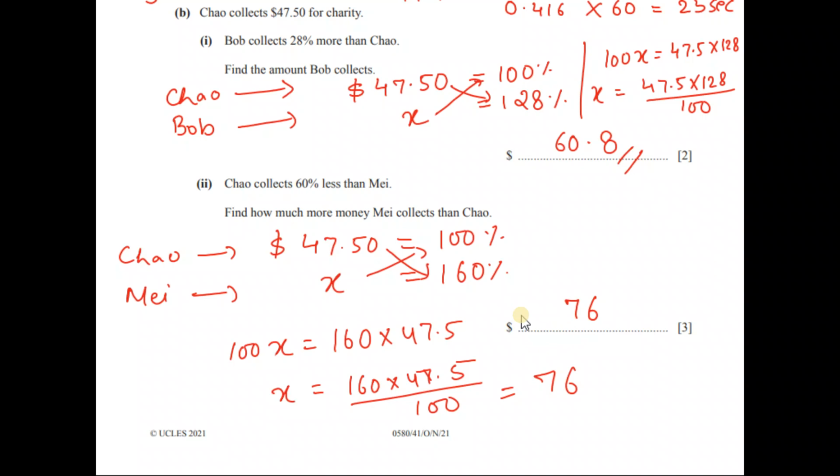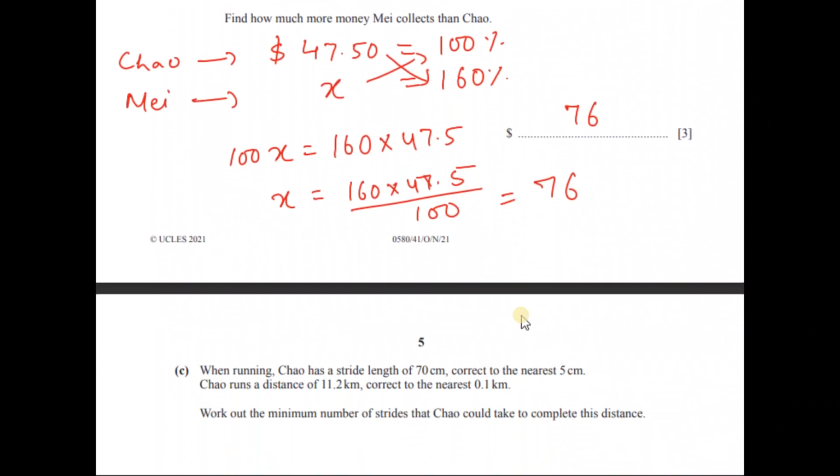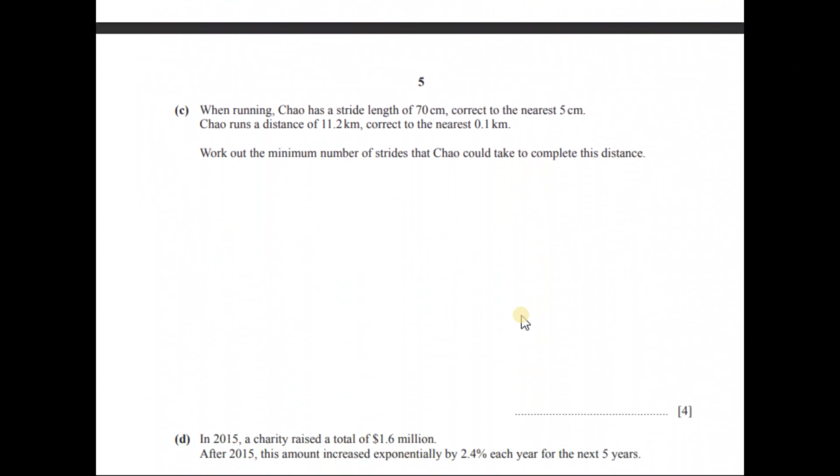Me has collected $76, which is definitely more than Chow's and Bob's both, and it is 60% more. If you have any doubt, you can just figure out the difference between Chow's and me's amount, and you can figure out the percentage. You will be getting 60%. So that's how we got our answer for this question.